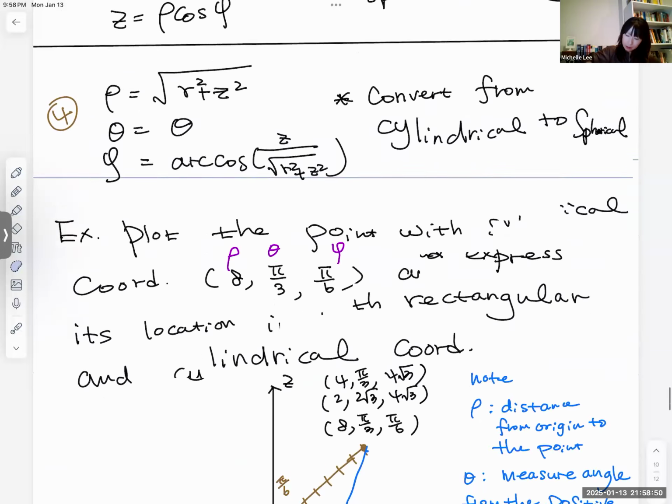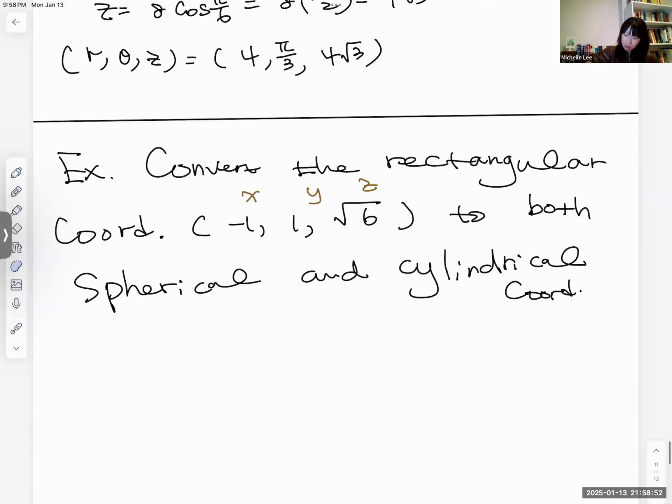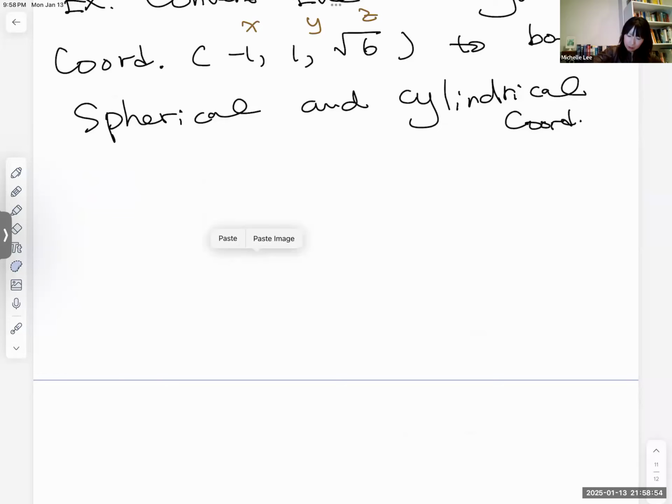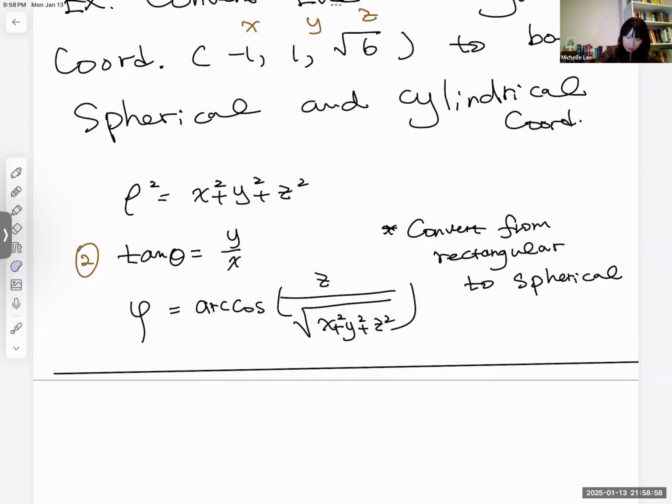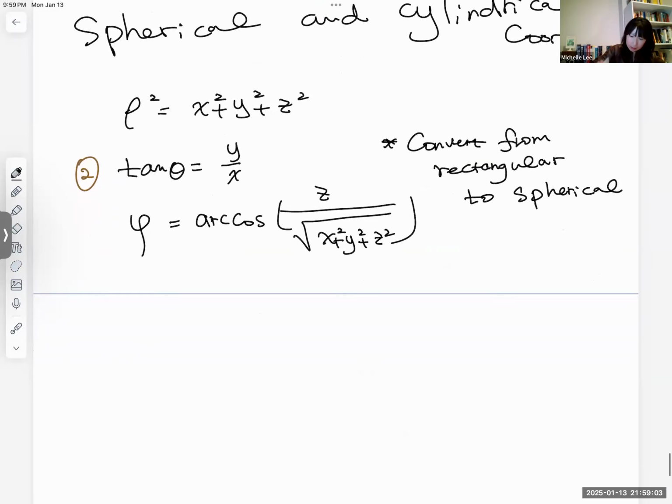Rho equals the square root of x squared plus y squared plus z squared.